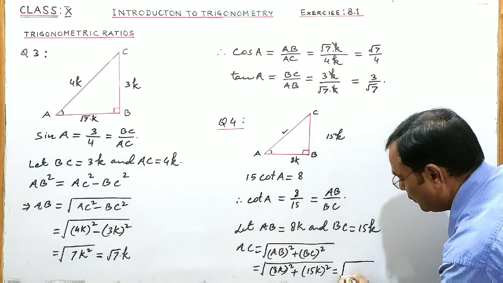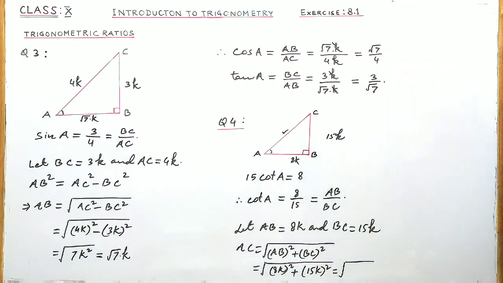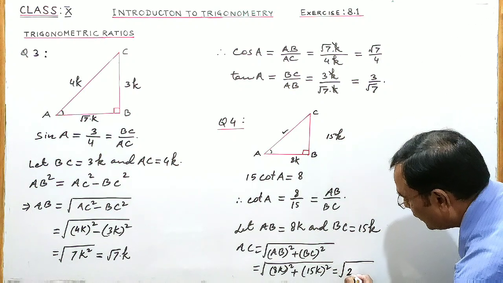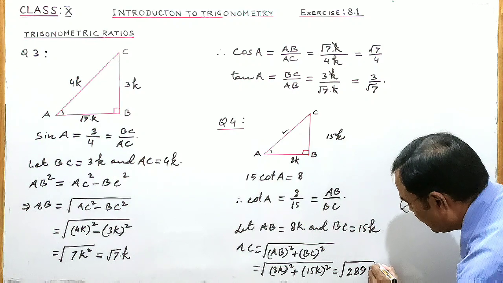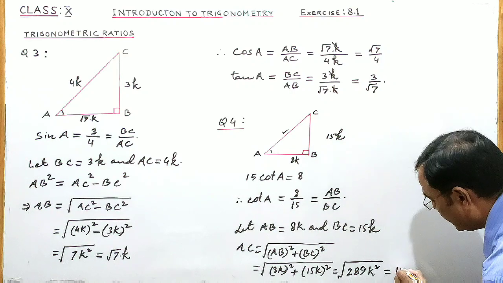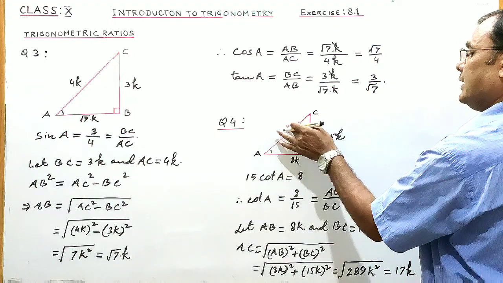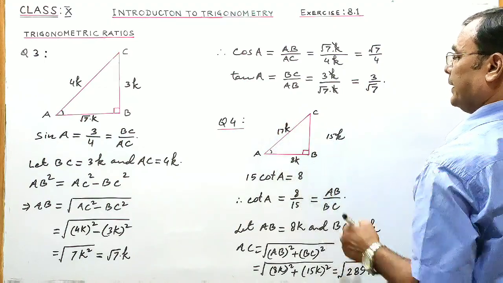This is equal to under root 64K square plus 225K square, equal to under root 289K square, and square root is 17K. So hypotenuse AC is 17K.